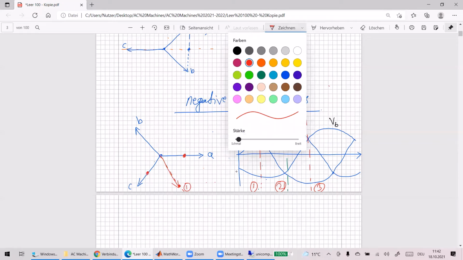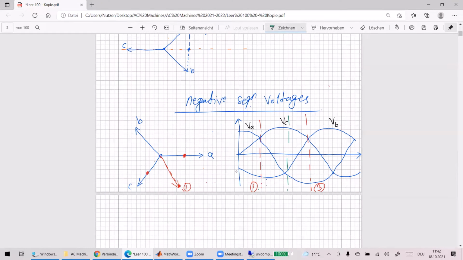Let's see the second case, and try to use green color. This is the first time I'm working on this laptop. Okay, hopefully it's good. So now tell me where the C should be for the second case. Positive or negative?